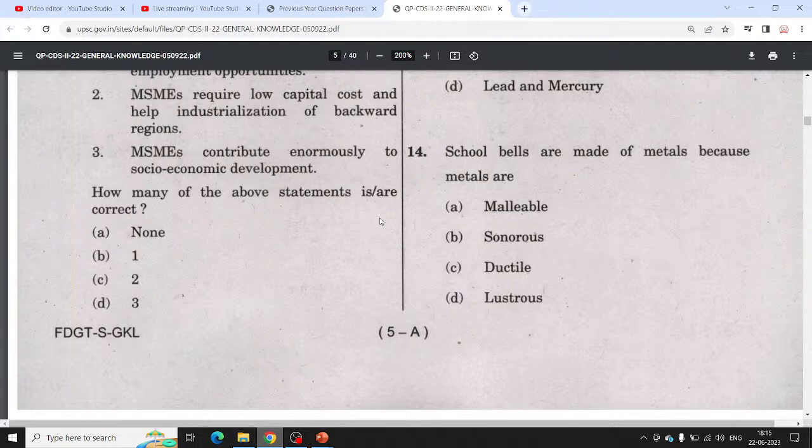Even after telling 100 times in my class, the properties of metal are ductility, malleability, conductivity, lustrous, then sonorous. Sonorous means sound. Metals will have the property of good sound. Even after telling so much, students, and actually this was the question asked in CDS, and one of the candidates was here, and they gave me the question paper.